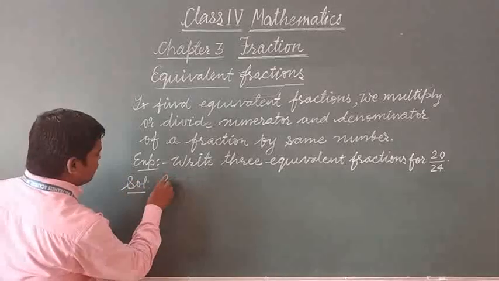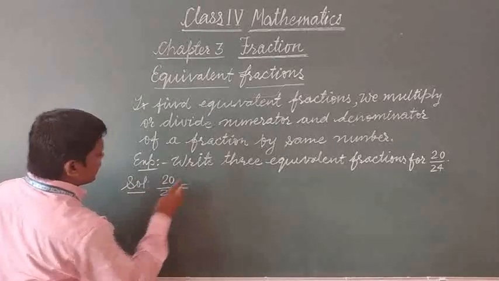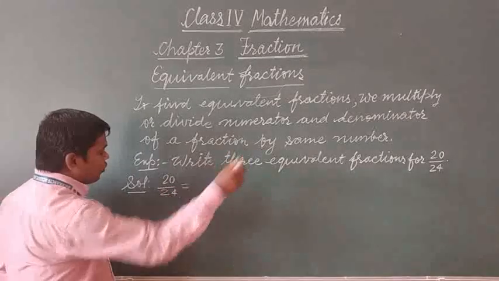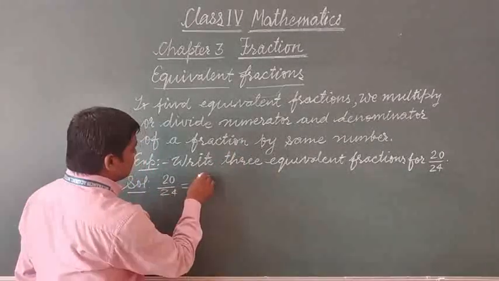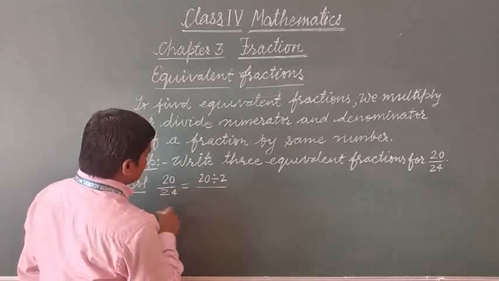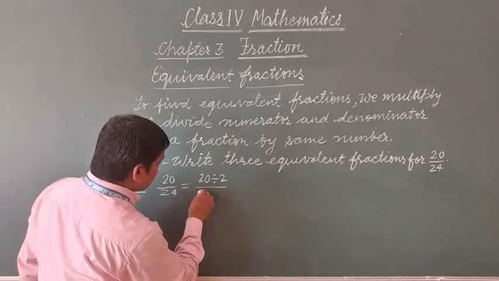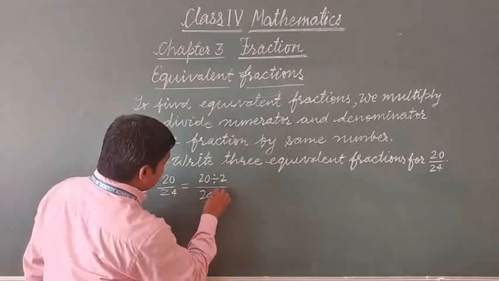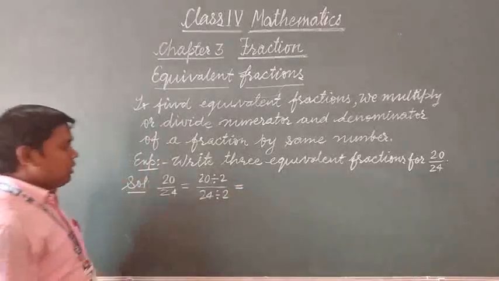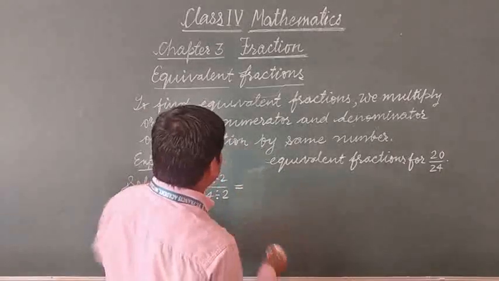The number is 20 by 24. Both numbers are divisible by 2. So we can write here 20 divided by 2, then 24 divided by 2.